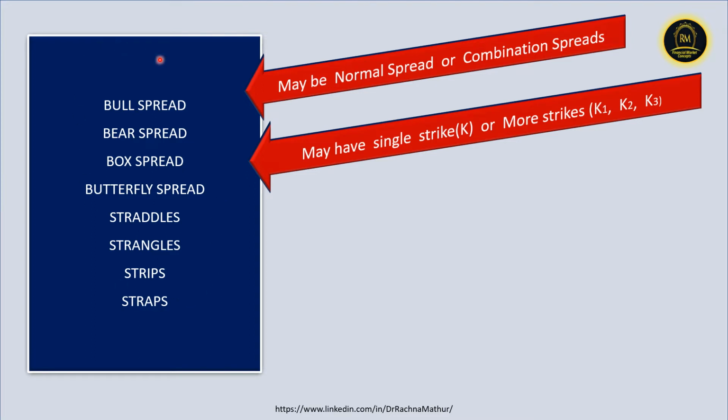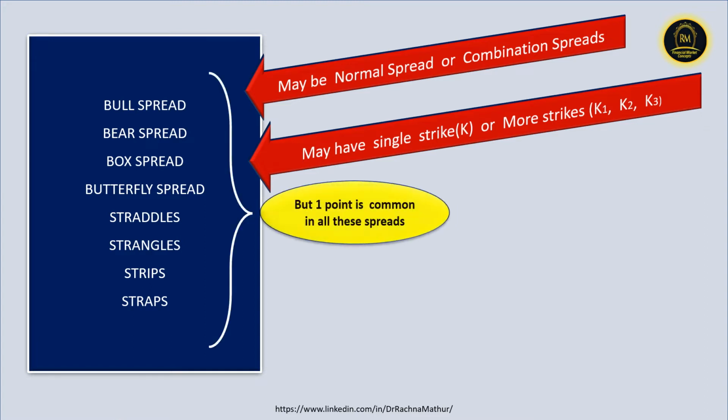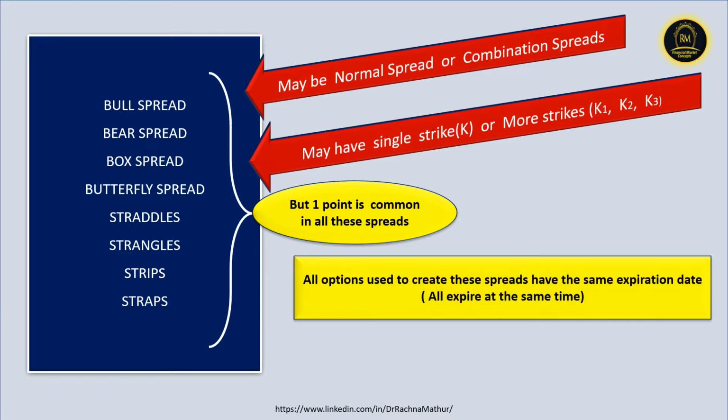So all the option trading strategies have their unique feature. But one point is common in all these spreads. That is, all the options used to create these spreads have the same expiration date. All expire at the same time.